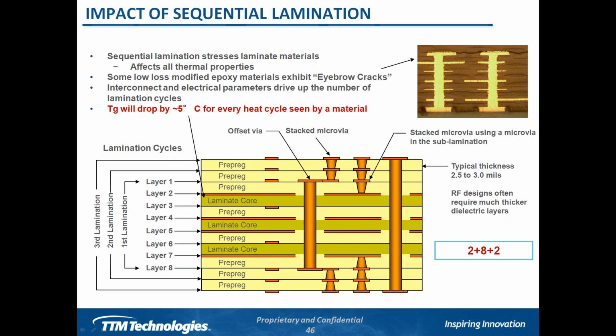So keep that in mind. It's one reason why we don't have unlimited number of lamination cycles that we will do. So a lot of times we'll max out at about 6 or 7 lamination cycles before we say, okay, that initial cycle with the initial material sets at some point becomes compromised because we're just heating it up and pressing it too many times before it even gets out of our shop.